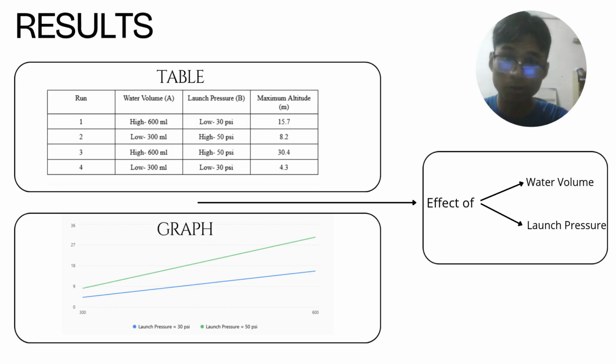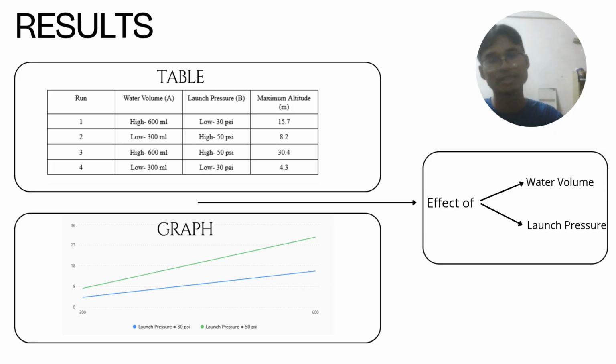We have the water volume, the launch pressure, and the maximum altitude in meter. The graph is plotted from the information in the table. We have the low and high for the psi and the milliliter for the water volume and the launch pressure.